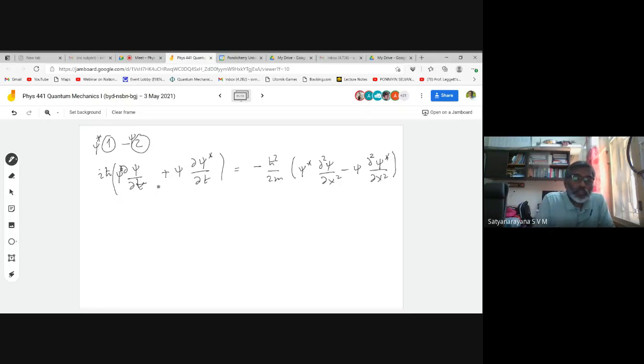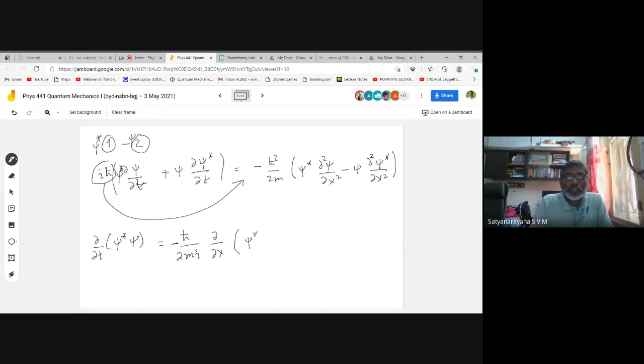Now, what we have here is the left hand side. Suppose I take this i h bar to the other side, then I can write this as del by del t of psi star psi is equal to minus h bar by 2mi into, if I write a del by del x outside, psi star del psi by del x minus psi del psi star by del x.